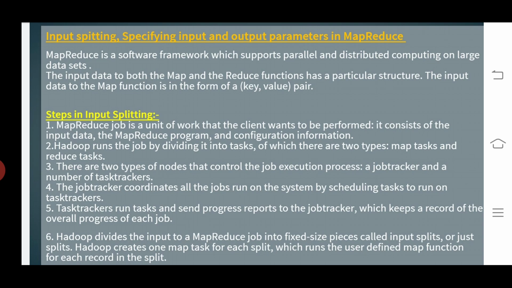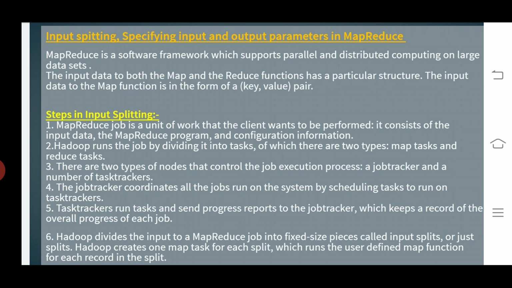Now in step 3, there are two types of nodes that control the job execution process: a job tracker and a number of task trackers. Now coming to step 4, what does the job tracker do?